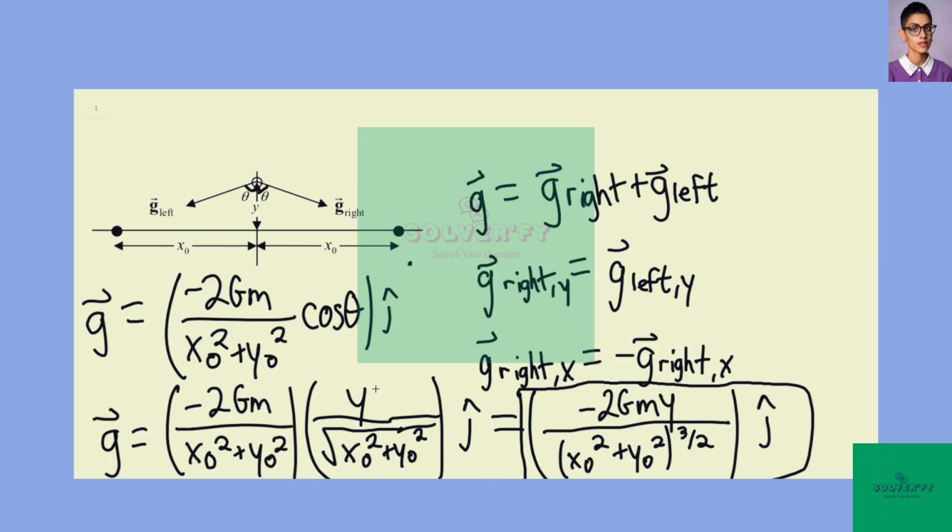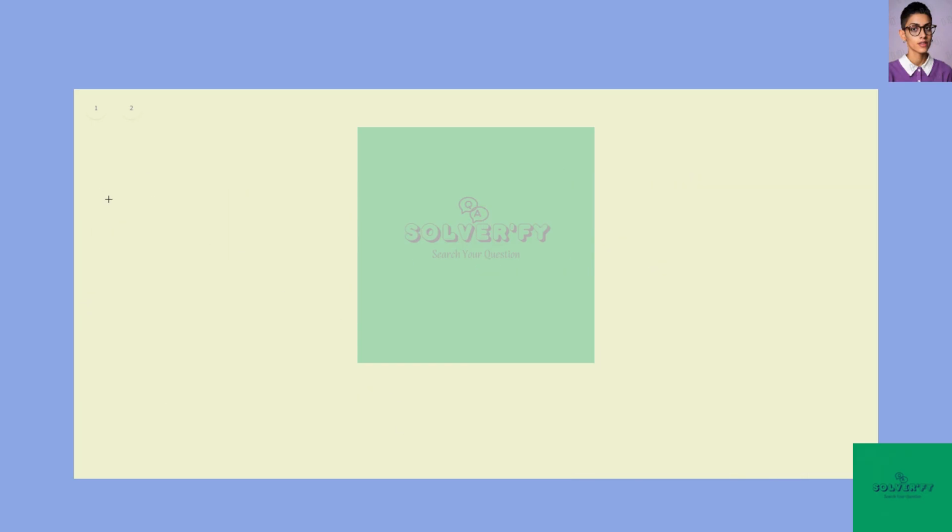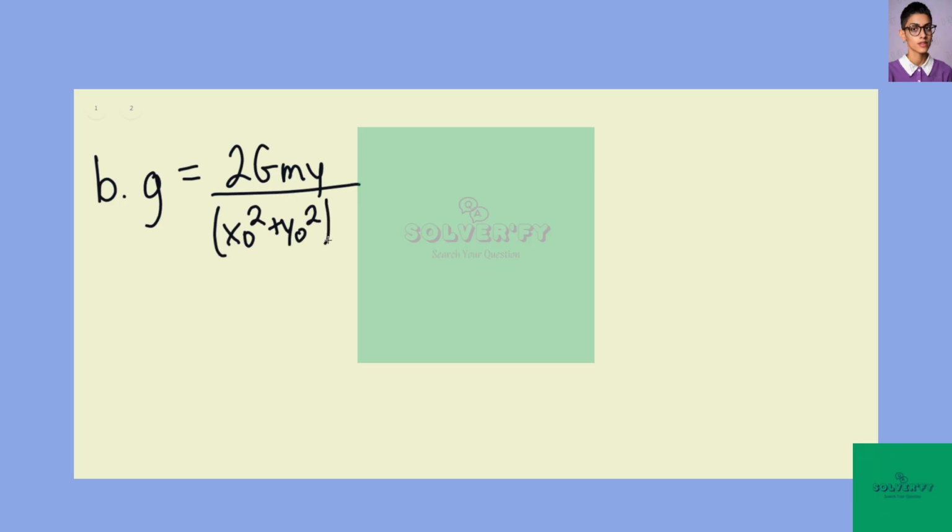And so for part B, when they're asking for the maximum acceleration due to gravity, we can say that g equals 2GMy divided by x naught squared plus y squared to the 3/2 power. So essentially, we're taking a relationship from part A, and we're saying dg with respect to y will equal 2GM. And then here is where we have to make the substitution.